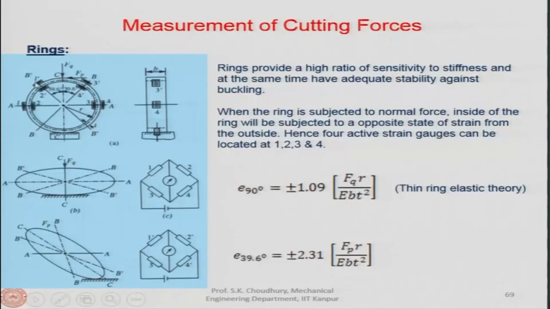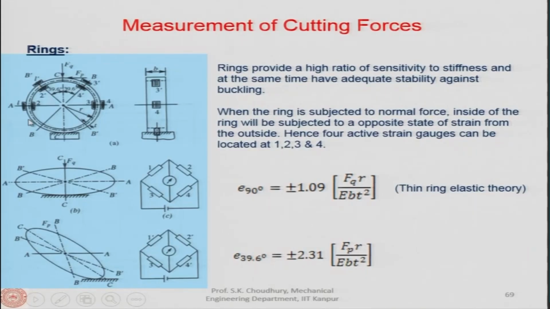So, in the ring type structure, we will have the gauges pasted on 1, 2, 3 and 4 at a 90-degree angle, and at an angle of 39.6, because these are the nodes, B prime and B, where there will be maximum strain.